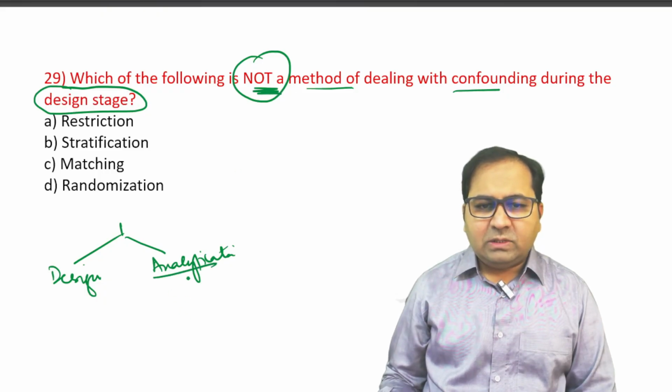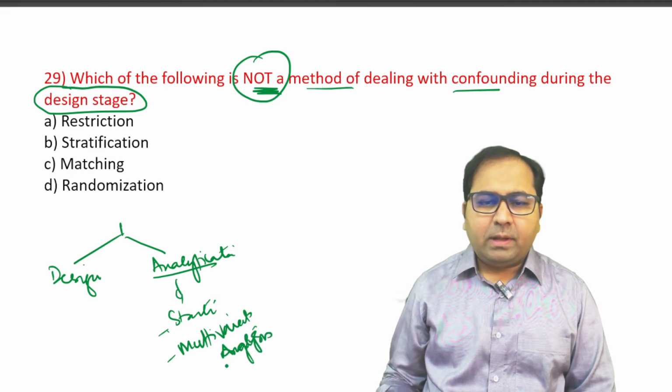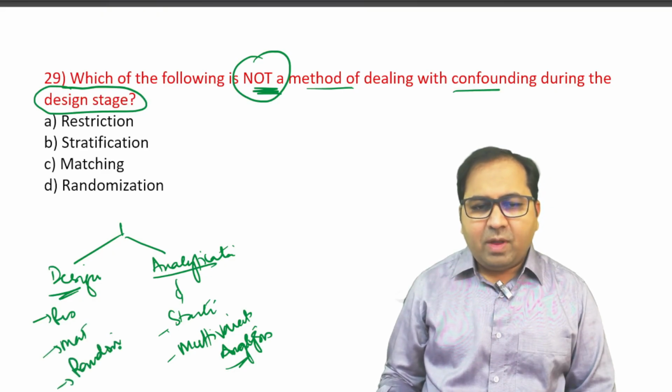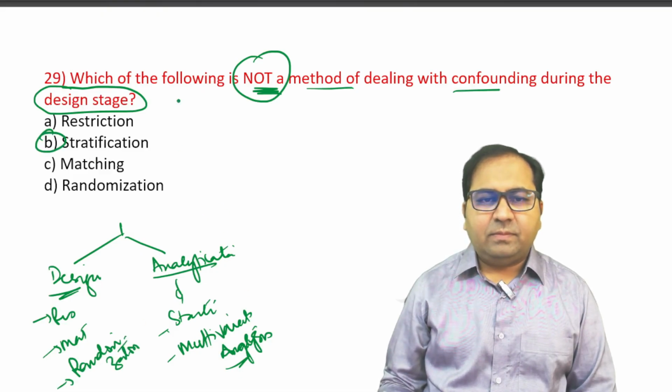In the analytical stage you have stratification and multivariate analysis. In the design stage you will have restriction, matching, and then randomization. We have discussed this previously also. So the answer for this question is stratification.